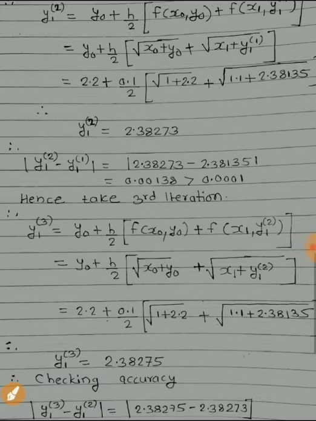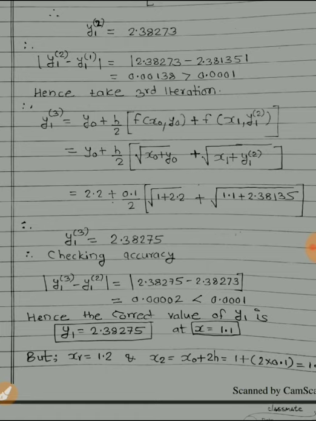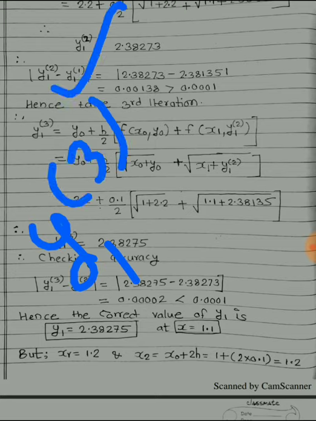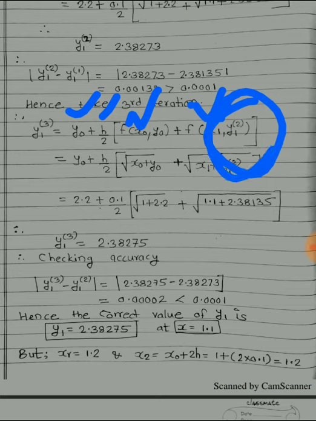So if I am making another correction in the problem, I will take a third iteration for correction. When I take that third iteration, I can say the formula y1 of 3, that is the third correction in the value of y1, becomes equal to y0 plus h by 2 times f of x0 y0 plus f of x1 y1 raised to power 2, because the third value is being calculated here.